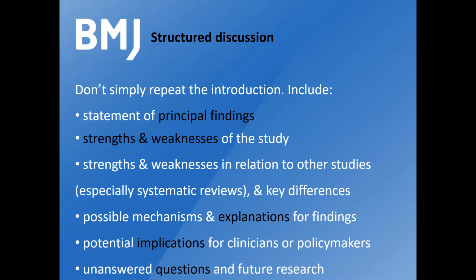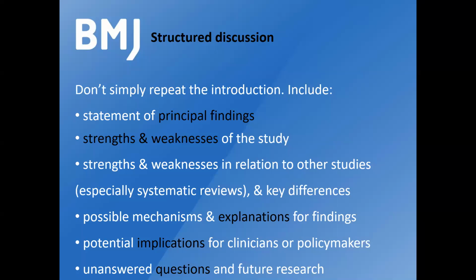And then it comes down to discussion. And here, don't simply repeat the introduction. Think about a statement of principal findings. Think about the strengths and weaknesses of the study and point these out before the editor or peer reviewer do, and explain what you've done to mitigate any potential weaknesses.